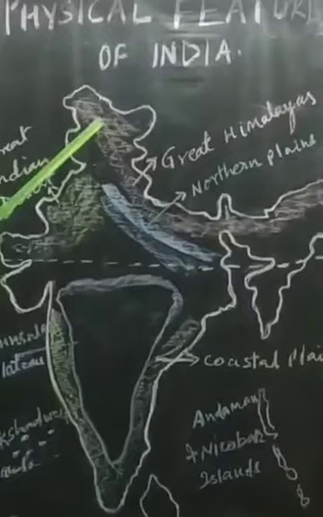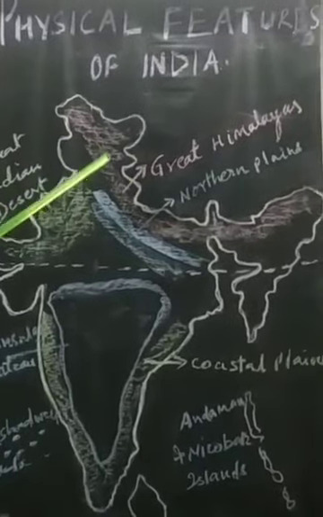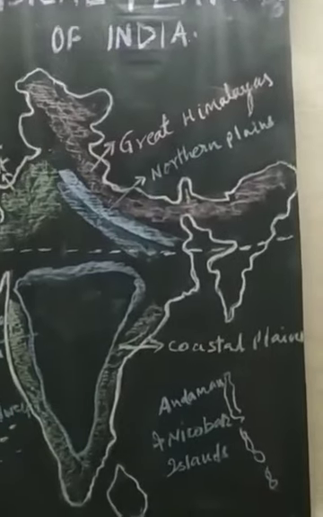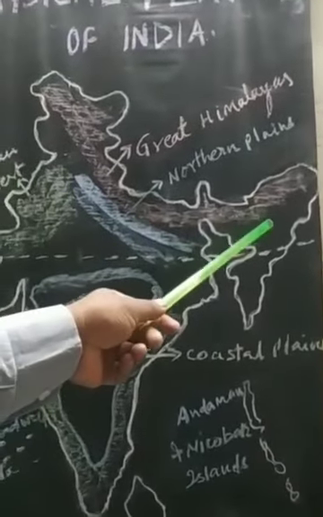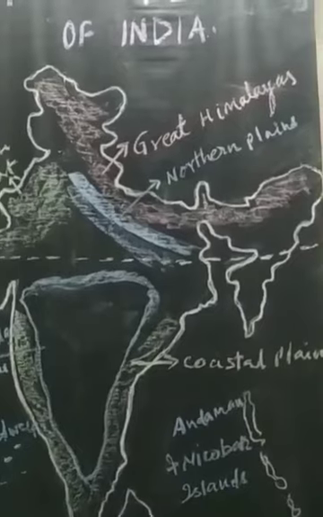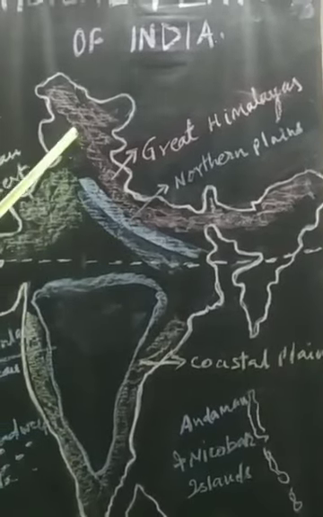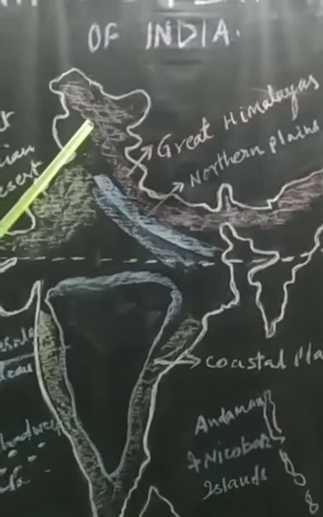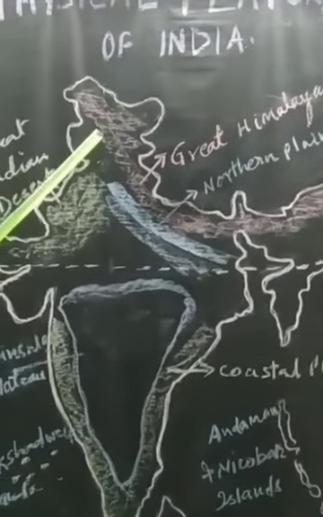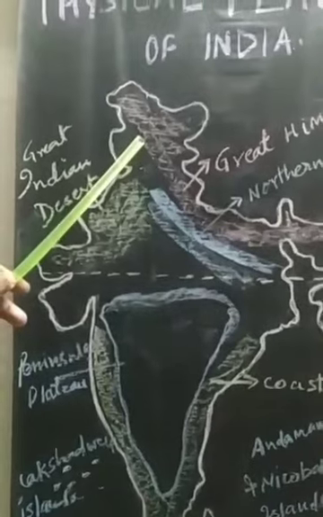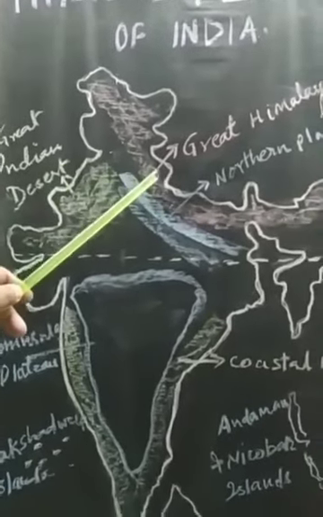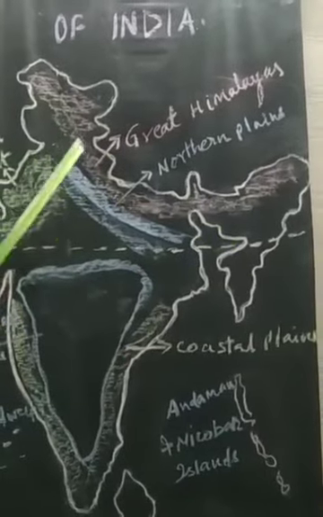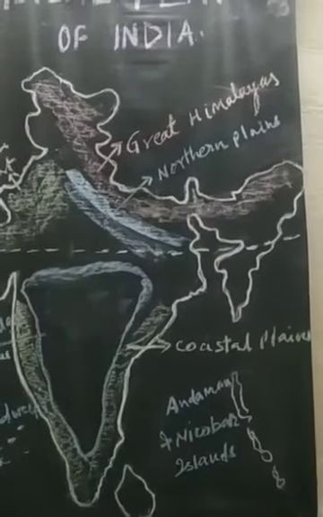These mountain ranges run in a west-east direction from the Indus to the Brahmaputra river. The Himalayas represent the loftiest peaks and most rugged terrain barriers of the world. These mountains form an arc.